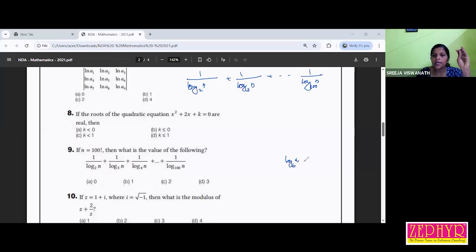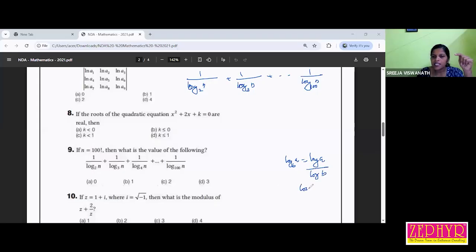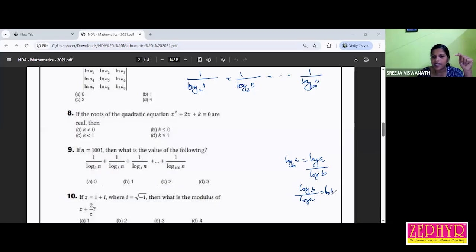What is log a to the base b? Log a by log b, right? So 1 by that means log b by log a. That is log b to the base a, right? So here we can write it as log 2 to the base n plus log 3 to the base n, log 4 to the base n, up to log 100 to the base n.